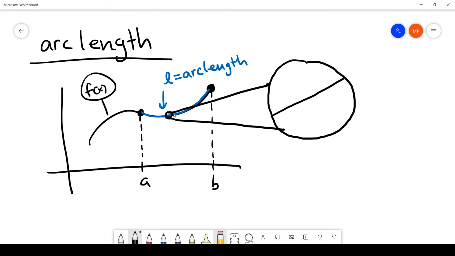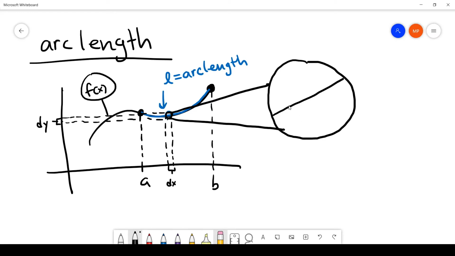And so what we can say about this line is on this portion right here that I've circled, we're going to have two dimensions. So we're going to see an infinitely small portion on the x, which we'll call dx. And we're going to see an infinitely small portion on the y, which we'll call dy.